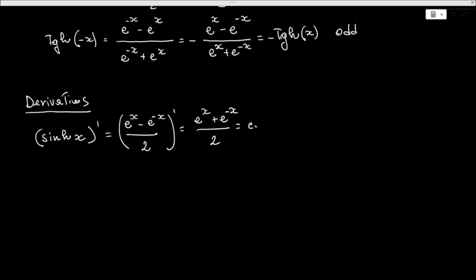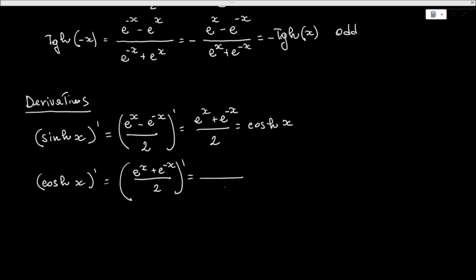So this is nothing else than the hyperbolic cosine of x. Instead, the derivative of the hyperbolic cosine of x, which is e to the x plus e to the minus x divided by 2 prime, well, this is e to the x minus e to the minus x divided by 2, which is the hyperbolic sine of x.